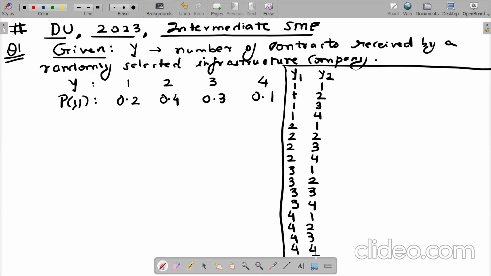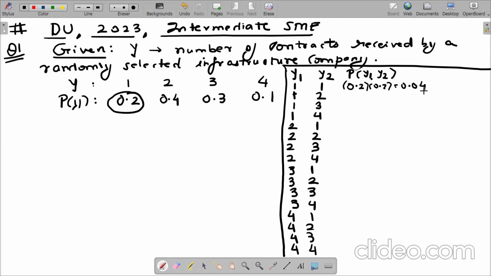We can now find the joint probabilities of Y1 and Y2. What is the probability of Y1 taking the value 1 and Y2 taking the value 1? 0.2 times 0.2, which is 0.04.